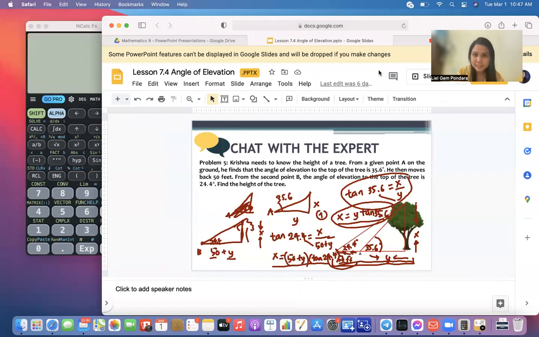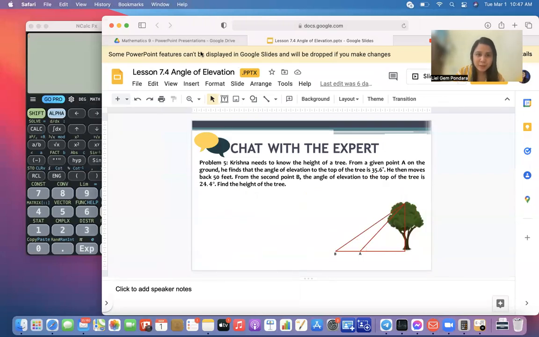Remember a while ago for the smaller triangle, we have x equals y tangent 35.6.